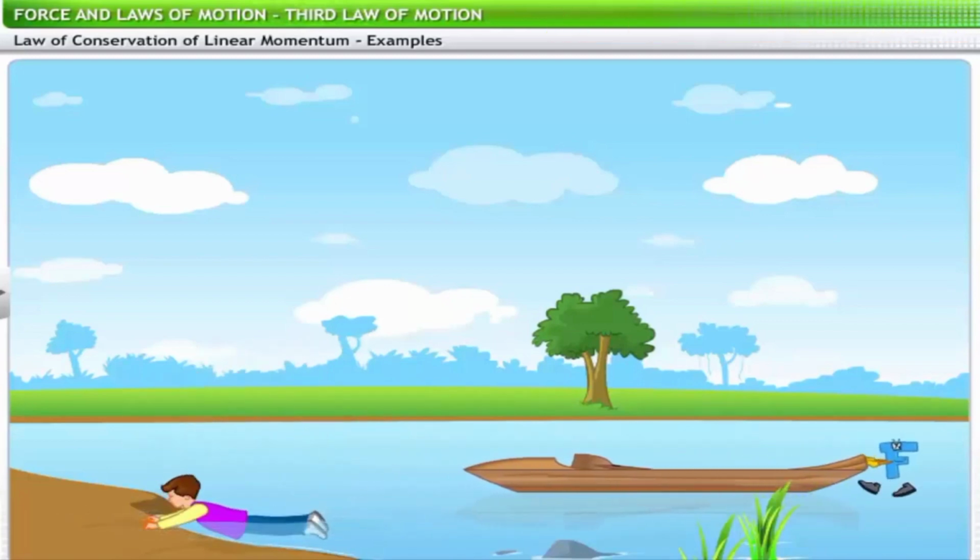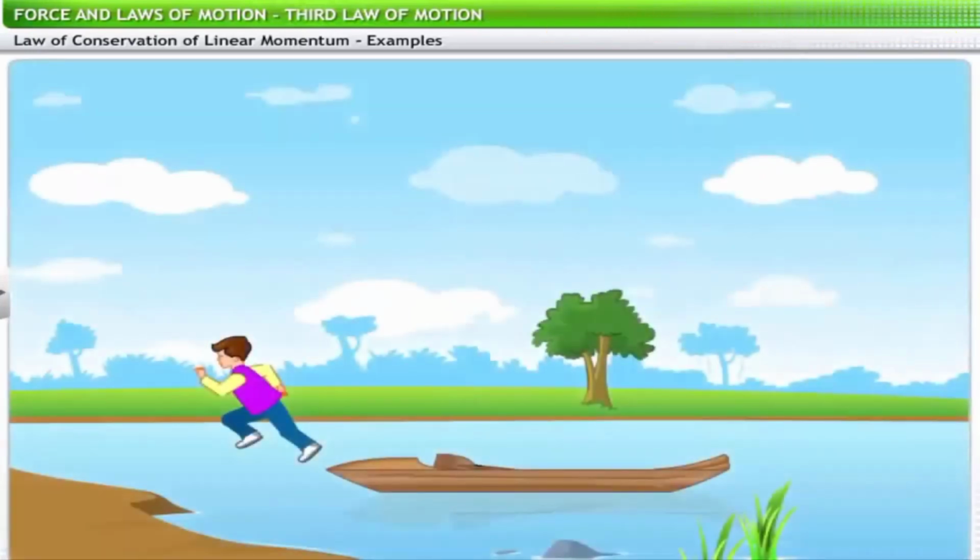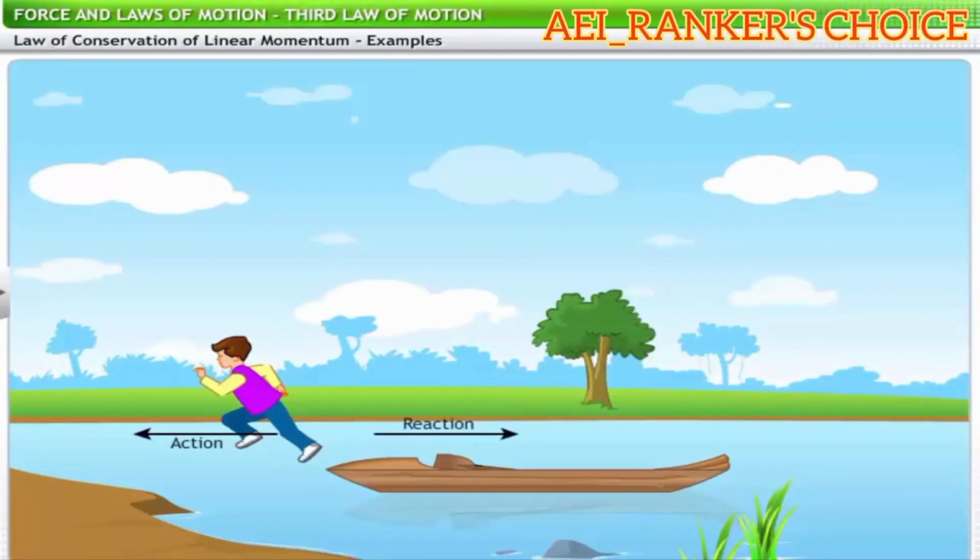While jumping out of the boat onto the pier, Jim loses balance and falls into the water, as if someone pulled the boat back from under his feet. This is because when Jim exerts force to jump out of the boat onto the pier, he pushes the boat backward in reaction. Thus, you can see Newton's third law of motion at work.